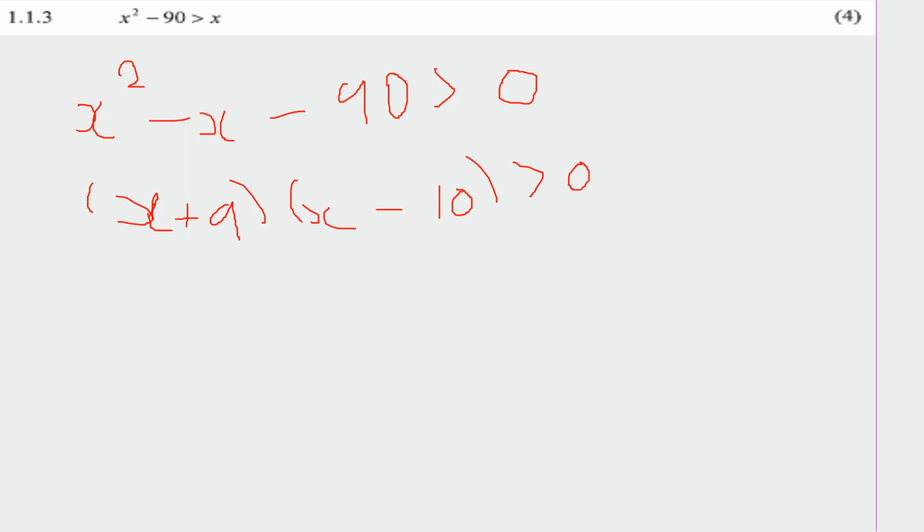So remember, when you solve for x, you will equate x plus 9 with 0, and then you will get your first critical value as -9. And then your other critical value, with x transposed there, is going to be 10.